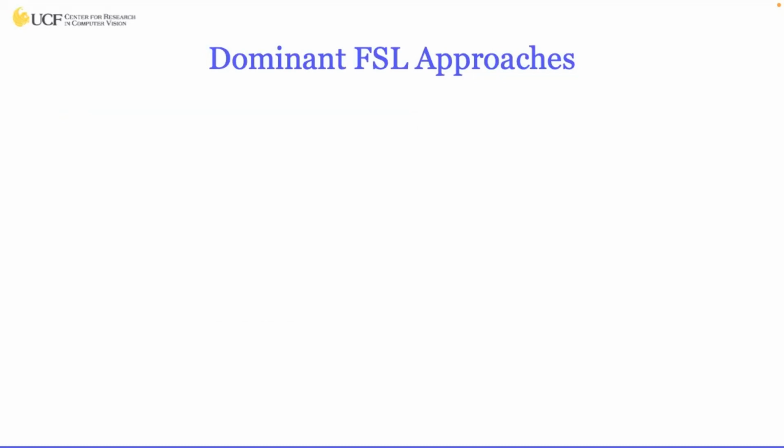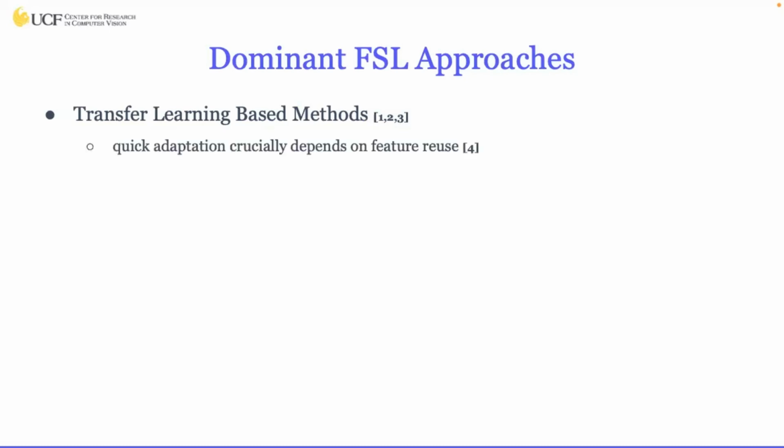Now, there is a new set of works which does not do meta-learning, which are transfer learning-based few-shot methods. These works are motivated by an insight from this work, which depicts that the quick adaptation in meta-learning methods crucially depends on feature reuse. So actually, it's not the adaptation part, it's what features you learn.